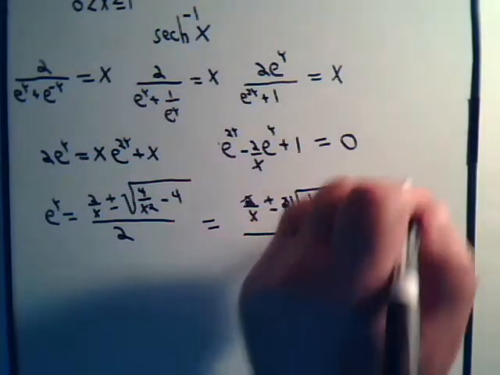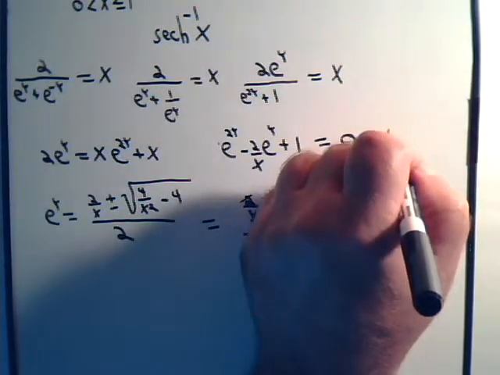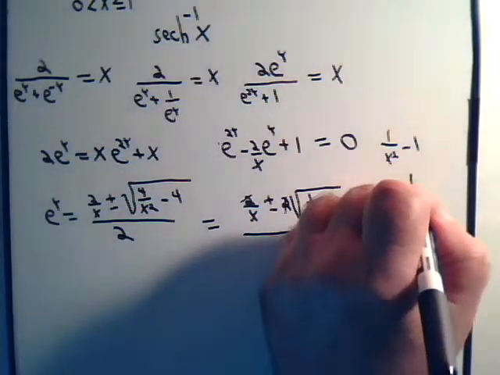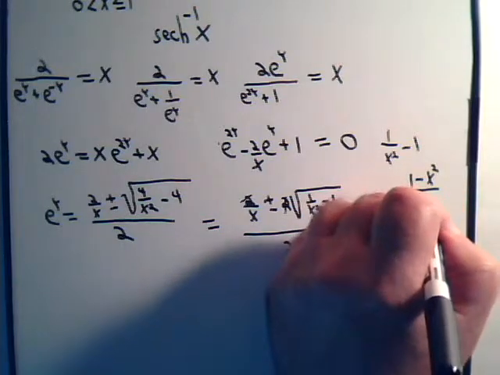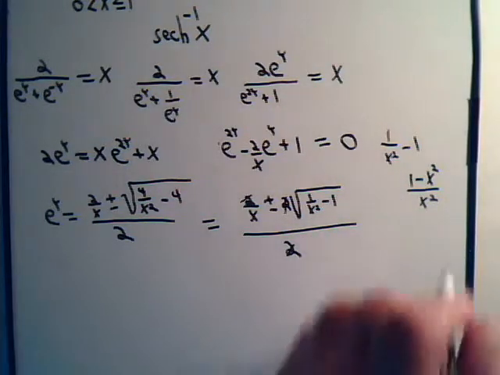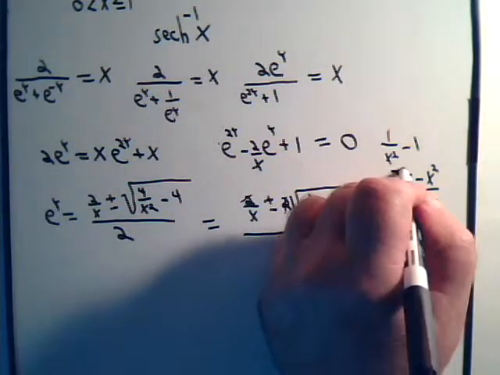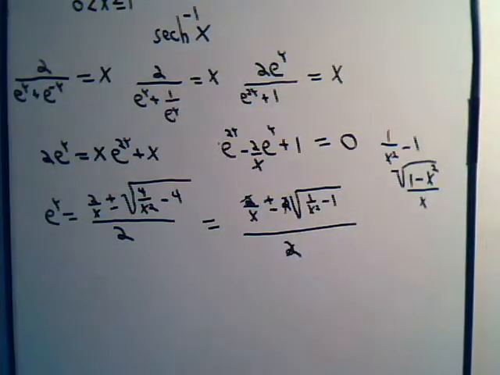Now 1 over x squared minus 1 will be equal to 1 minus x squared divided by x squared. And since this is in the square root sign, we'd have the square root of this divided by the square root of that, which is just x.